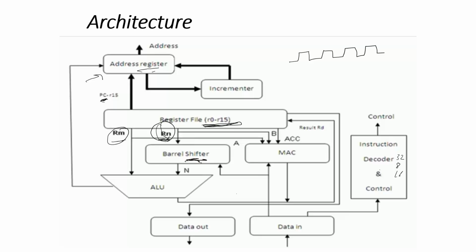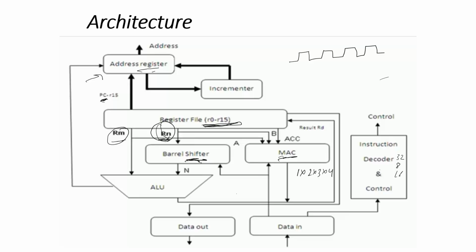Now there is one more unit, that is the MAC. This MAC denotes the multiplication and accumulation unit. It is used to help in performing the multiplication of numbers. For example, suppose we have to multiply four numbers, 1 into 2 into 3 into 4.